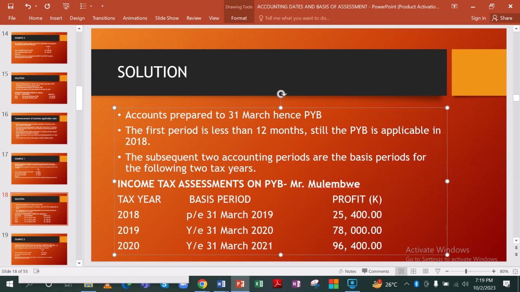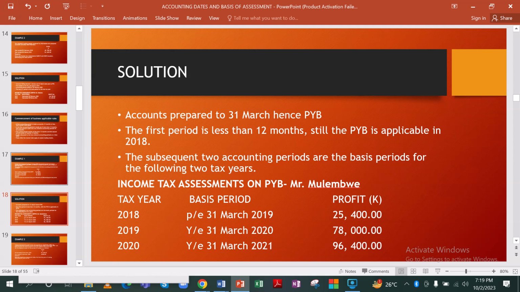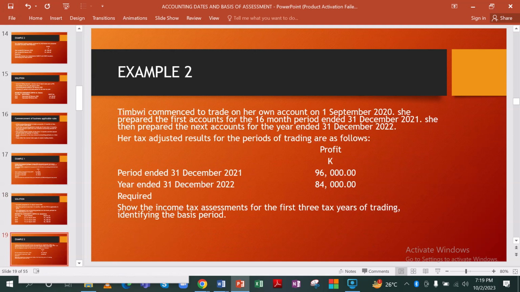Okay, very good. Then we proceed. Look at example 2, which deals with Timbwi.